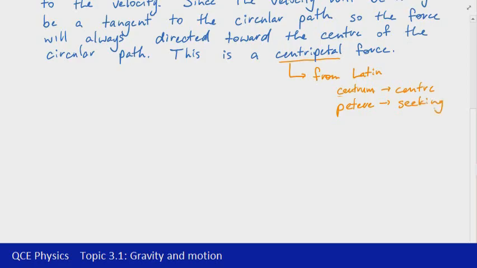So basically what we're saying here is that when we're looking at the word centripetal, we're looking at something that's center seeking. So a centripetal force is a center seeking force, or in other words, it's directed towards the center of the motion.